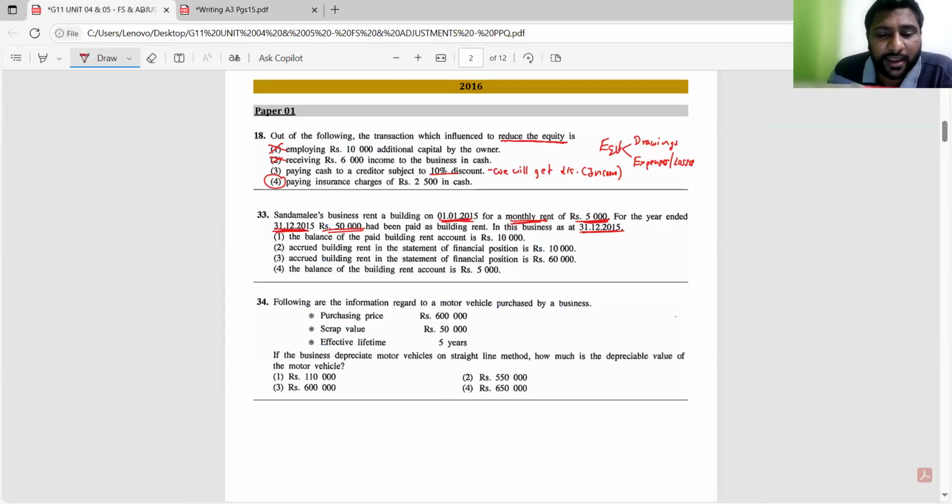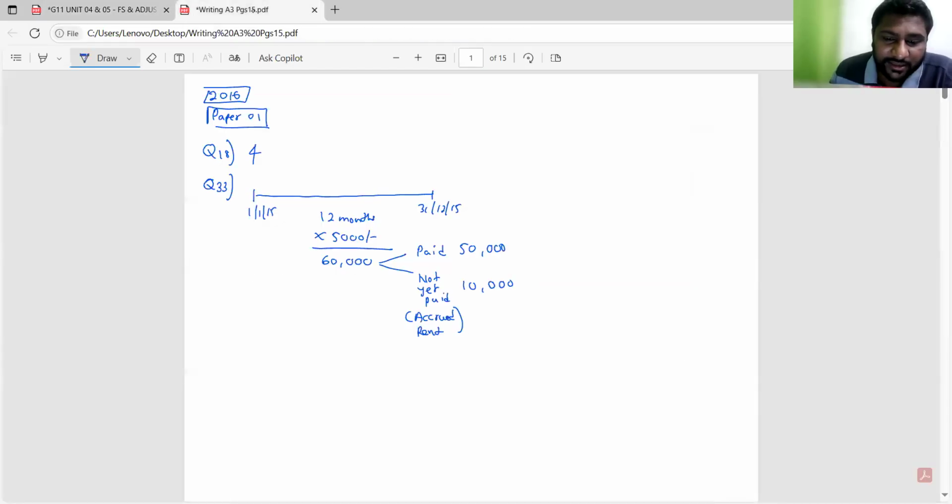Now let's see. The balance of the unpaid building rent, 10,000, accrued building rent in the statement of financial position, the balance sheet. So this is a current liability for us. We have to pay it. Until we pay, we are liable.